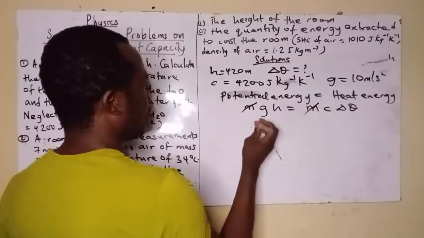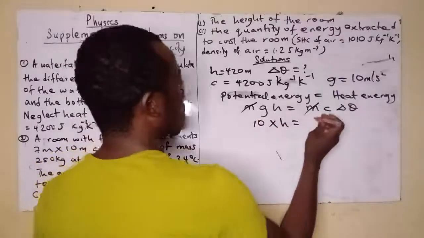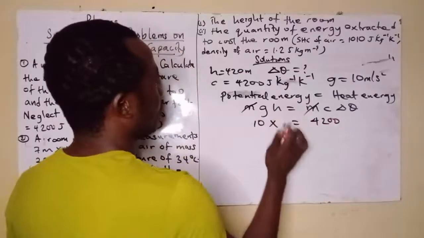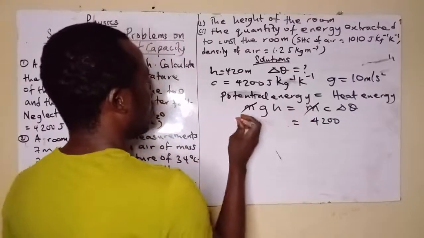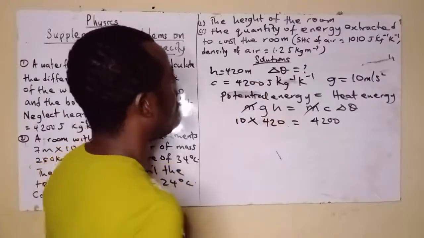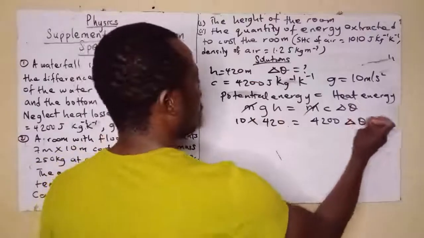So gravity is 10 times height, whereas the specific capacity is 4,200 and the height is 420. 10 times 420 equals 4,200 delta theta.